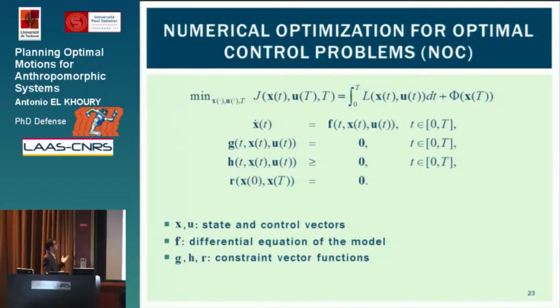To do so, we can rely on numerical optimization methods for optimal control. Here we have a rather generic example of an optimal control problem.